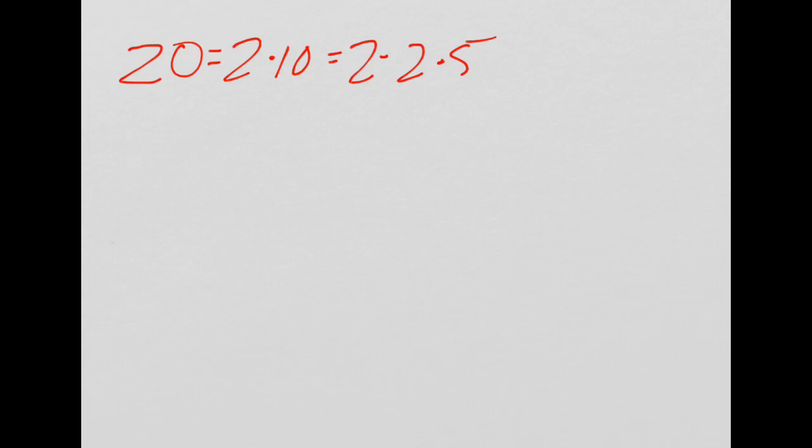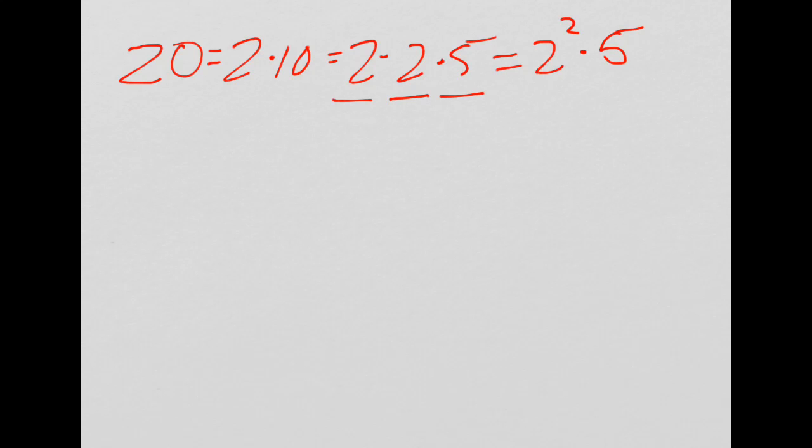Now notice the prime decomposition of the number 20, when you break it down into prime numbers, is 2 times 2 times 5. Which is, of course, 20, because 2 times 2 is 4, and 4 times 5 is 20.